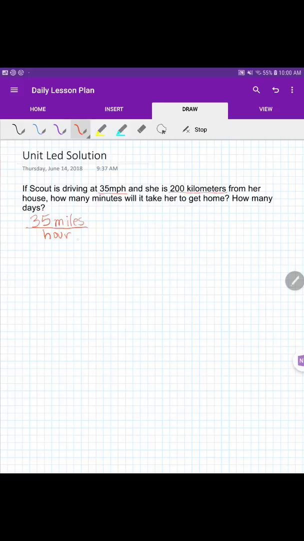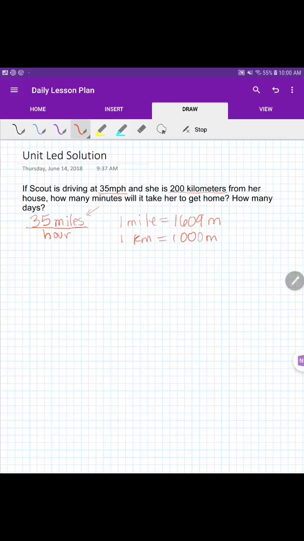So I see that we've got miles in our original information, and our conversion for miles would be 1 mile equals 1,609 meters. And 1 kilometer equals 1,000 meters.